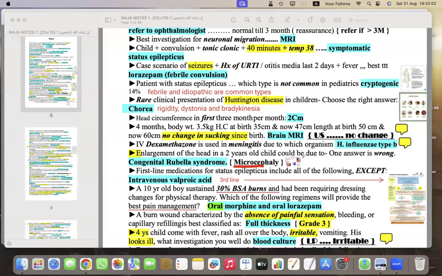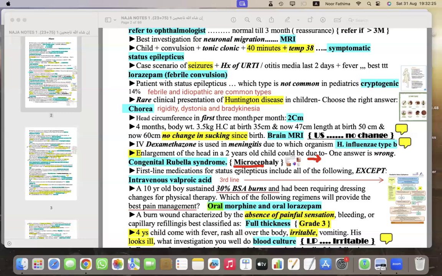The other causes of macrocephaly in these children are rickets and chronic anemia. So they will give you other causes and they will ask you to correct the wrong answer.